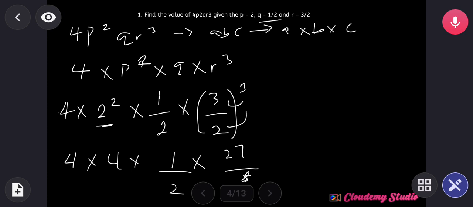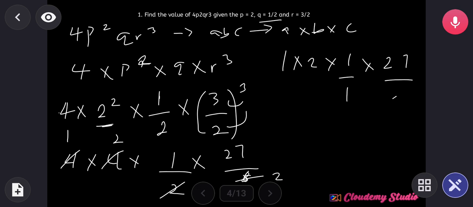Now, we can cancel 2 here, 1, 2 here, 2, right? We can also cancel 8 here, 1, 4 here, 1, 4 here, 2, right? Therefore, we're going to be having 1 multiplied by 2, multiplied by 1 over 1, then multiplied by 27 over 2, right?